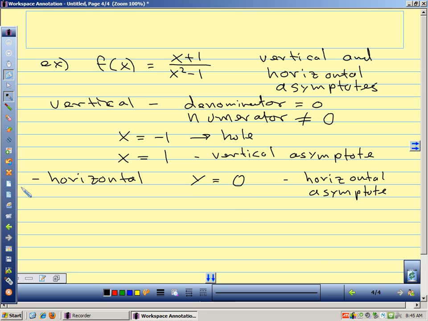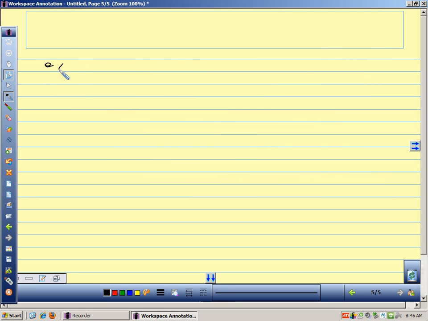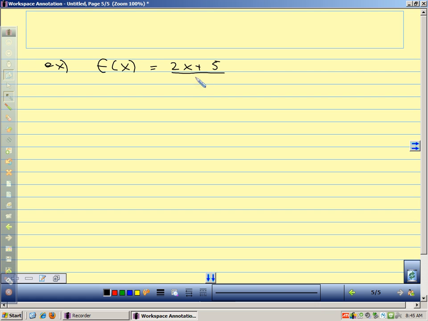So let's look at another example: 2x plus 5 over 4x minus 6. And we want vertical and horizontal asymptotes.